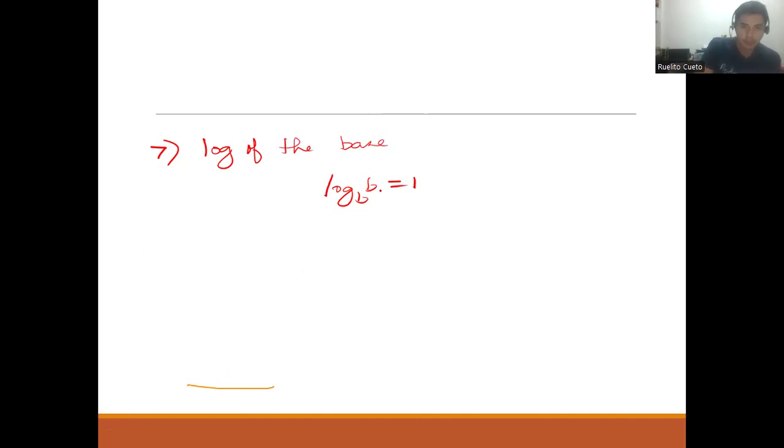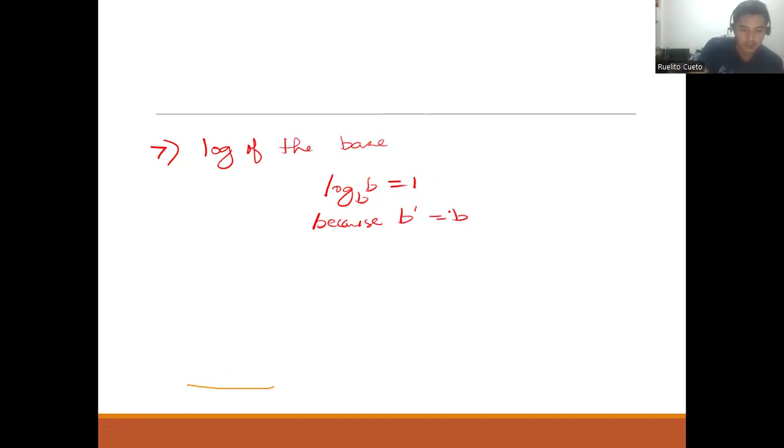So if the power is equal to the base b, according to the property of logarithm, that is equal to 1, because b raised to 1 is equal to b.